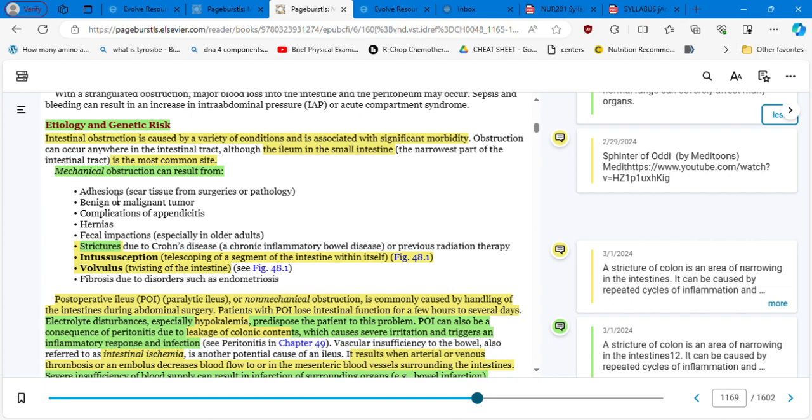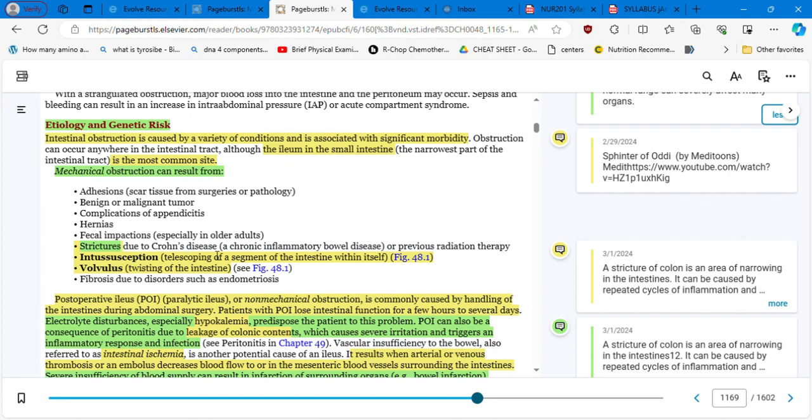So it can result from adhesions, we mentioned this before, a scar, benign or malignant tumor, complication of appendicitis, yes, hernias, fecal impactions, especially in older adults. And we're going to speak about prevention of fecal impactions. Believe it or not, this is not only related to adults, other populations, and this is happening in all ages, okay? So I'm going to explain why later.